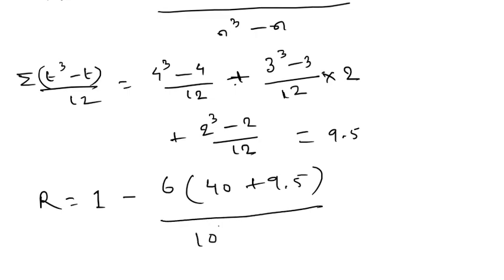We have 10 observations, so 10 cube minus 10. Let's calculate this. So we get 0.7. Your rank correlation coefficient after taking all the ties in is 0.7. So this is the answer.